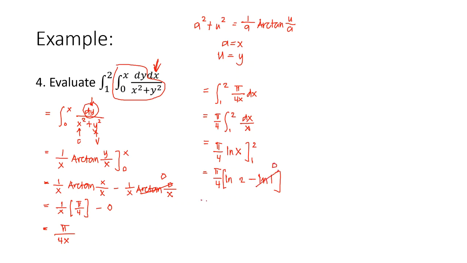So meaning to say our final answer is pi over 4 ln 2. Again, I will not accept decimal answers. So it would be better to simplify your answer in fraction form or in this form, just not in decimal form. Okay? So this is now our final answer.